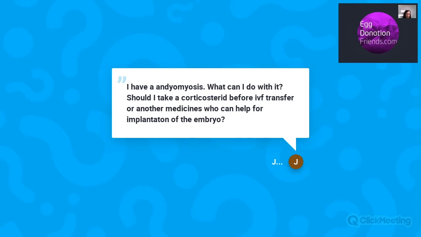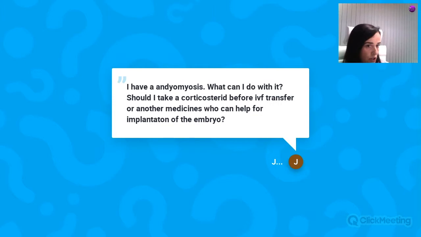I have adenomyosis. What can I do with it? Should I take a corticosteroid before IVF transfer or other medicines that can help for implantation of the embryo? Okay, adenomyosis is another type of endometriosis, when it affects the wall of the uterus.